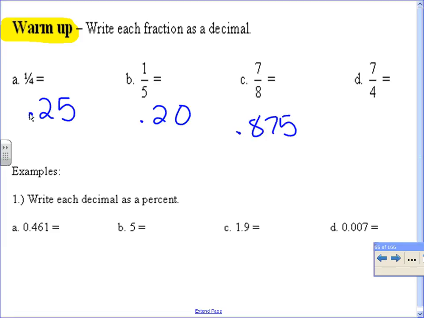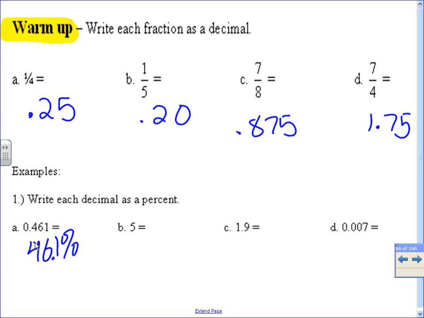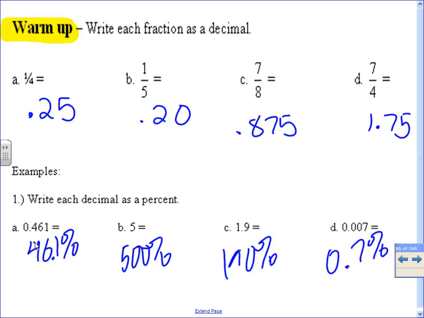Zach, letter D. Good. 1.75. Okay, Donatus, you ready? Example 1, letter A. Good. 46.1%. Letter B, Charles. Good. Mary, letter C. Great job. Briar, letter D. Perfect. Okay, Annalise, example 2, letter A.